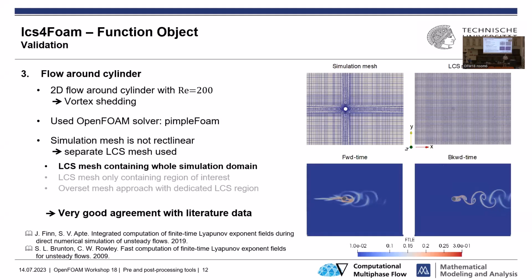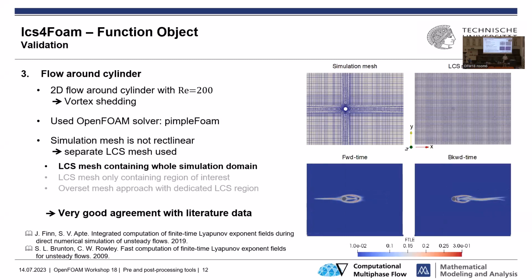And as you can see here, for computing the LCS for forward time and backward time, you see those coherent structures forming. So forward time gives you these lines where the flow separates, and backward time is where the particles converge to. And again, we have very good agreement with the data.